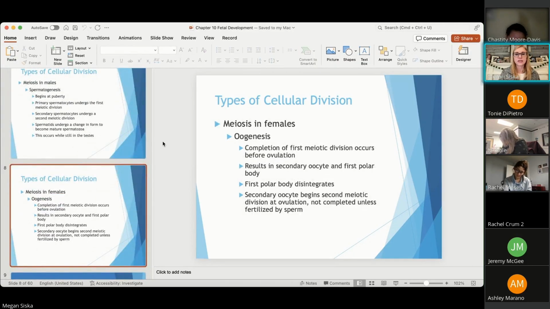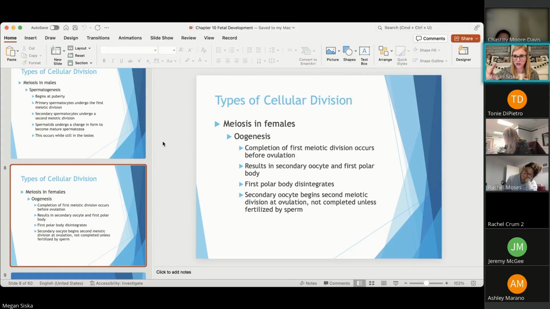Now, meiosis in females is called oogenesis, kind of a fun little word. It's the creation of eggs or ovum. They complete the first meiotic division before ovulation, back when they are developing in their mother's womb. Then these polar bodies get created.